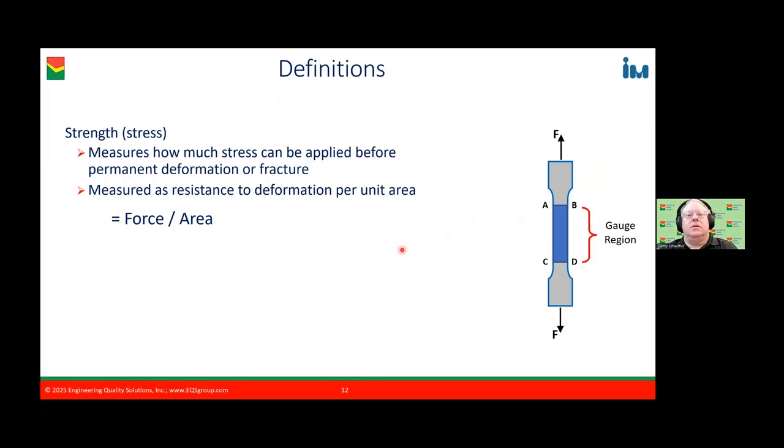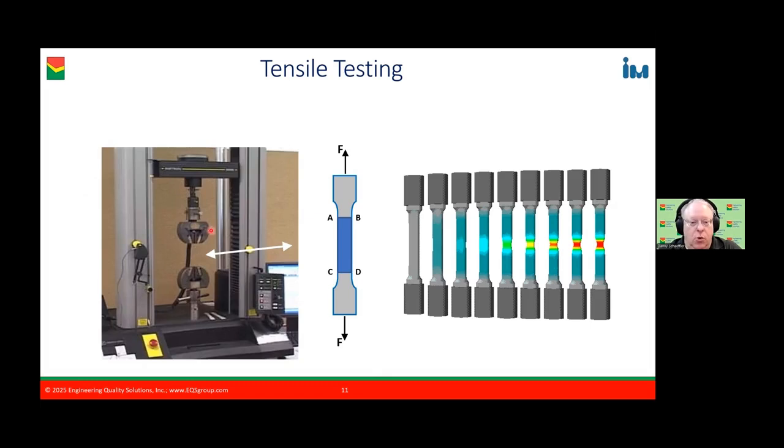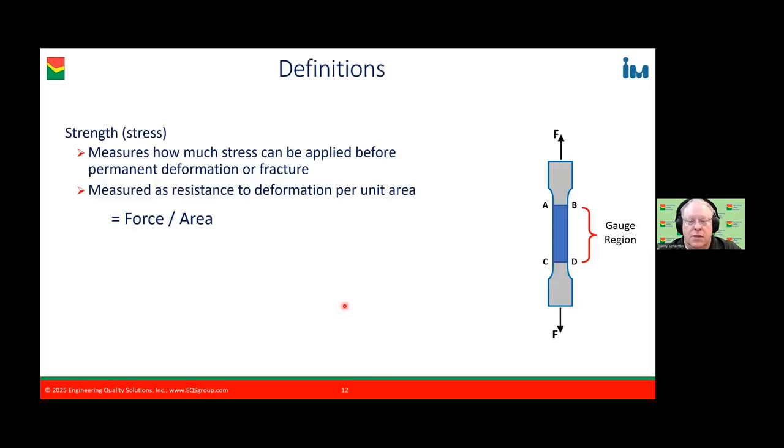What do we get out of a tensile test? It is stress and strain. What is stress? It is force divided by the cross-sectional area. In the tensile machine, we grip at the top, we grip at the bottom. That's what these outer portions are for, gripping the sample, and we pull it apart.